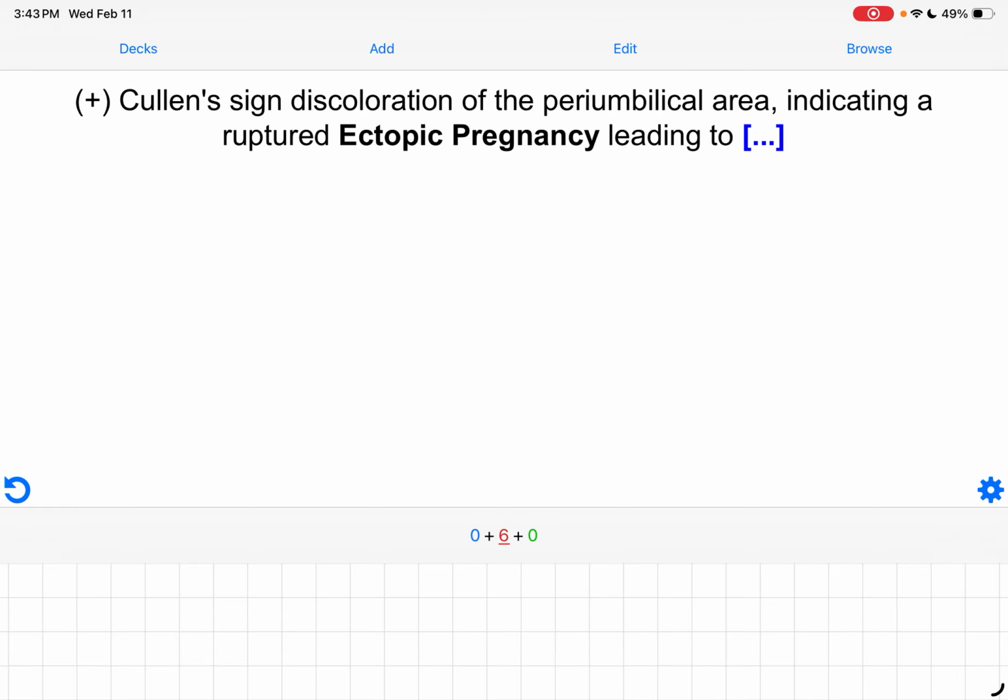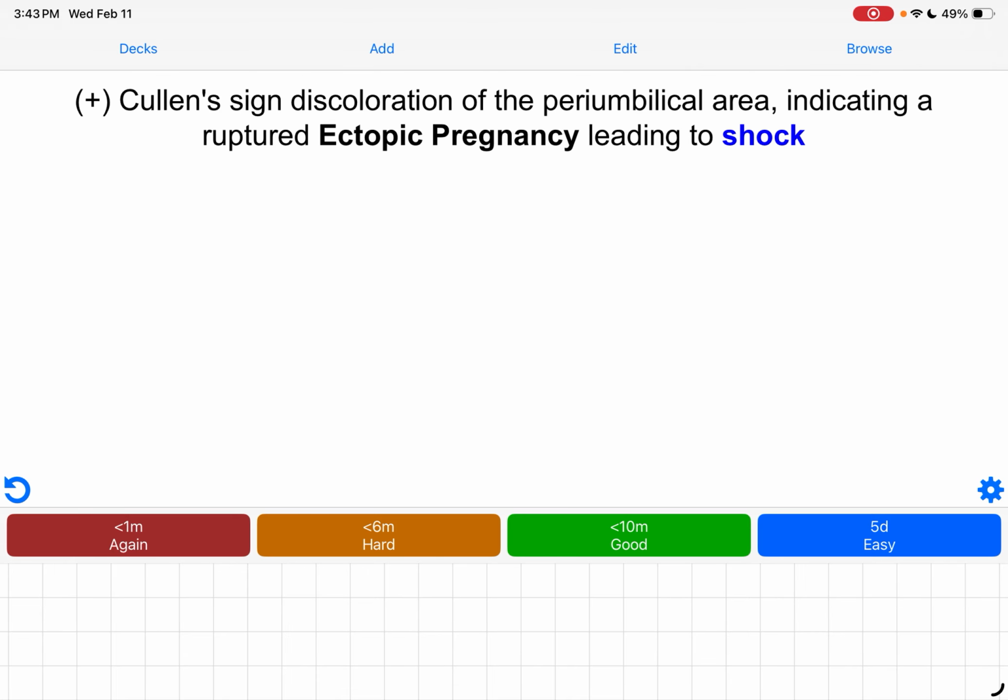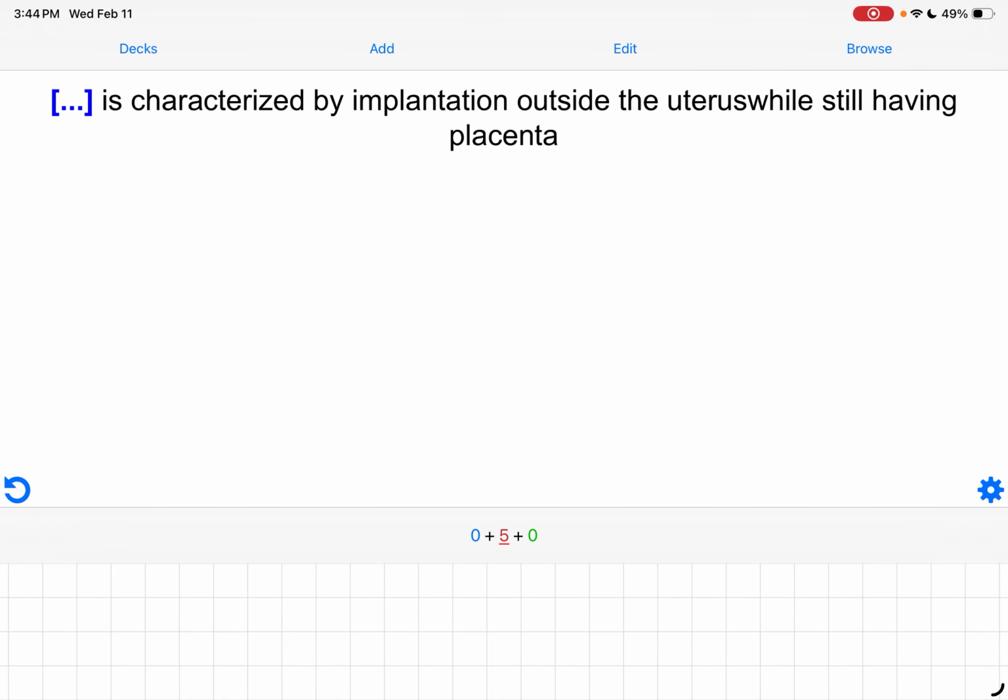So, Cullen's sign, discoloration of the periumbilical area, indicating ruptured ectopic pregnancy, leading to shock. It's characterized by implantation outside the uterus while still having the placenta.